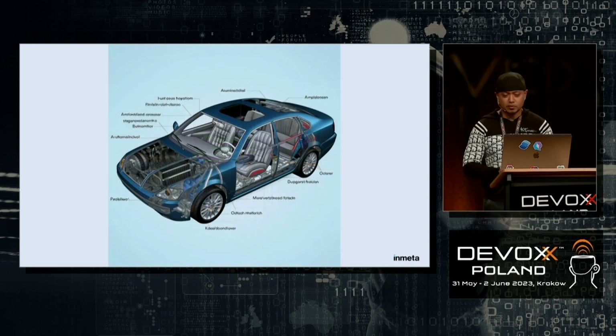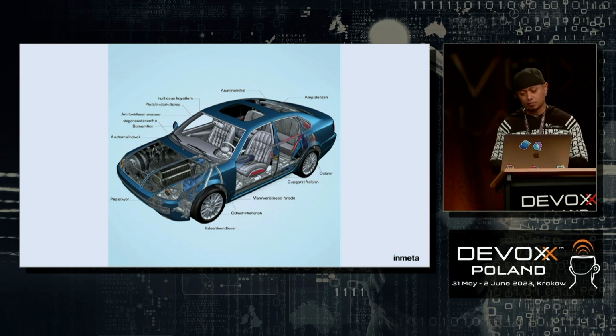So this is a car design that shows you different pieces that were put together to build this car. Similarly, in software applications, these pieces are called modules. In React, you can also say React components. These are the building blocks of a React application.